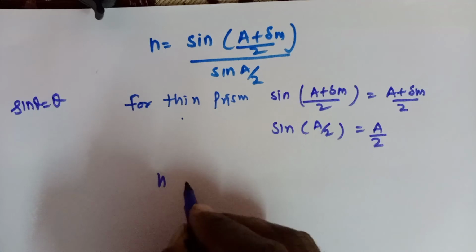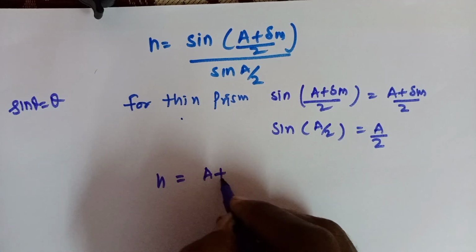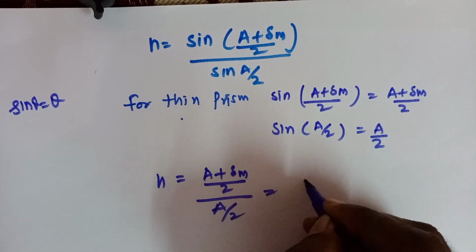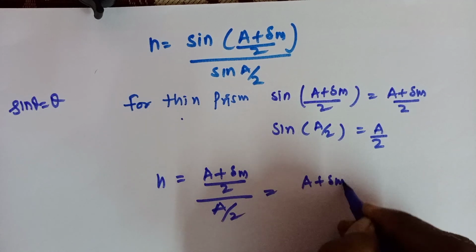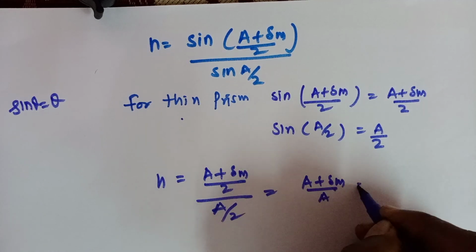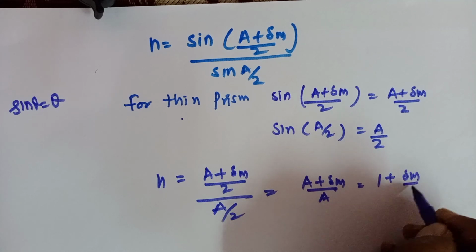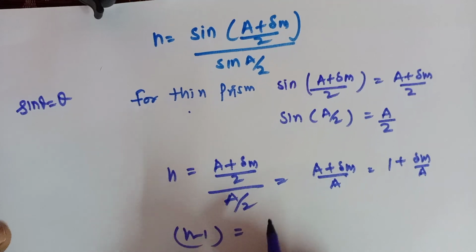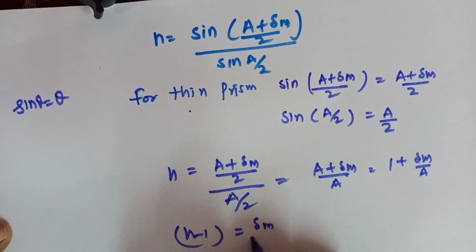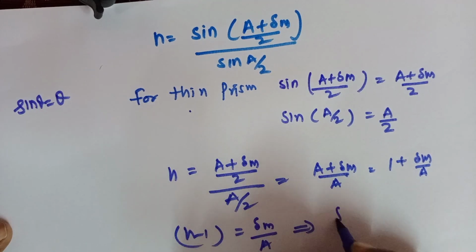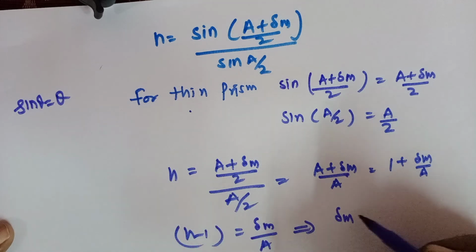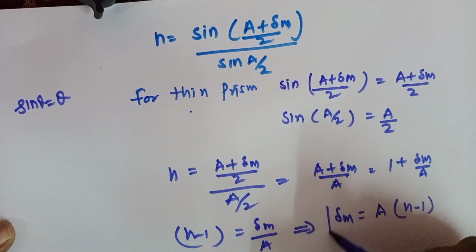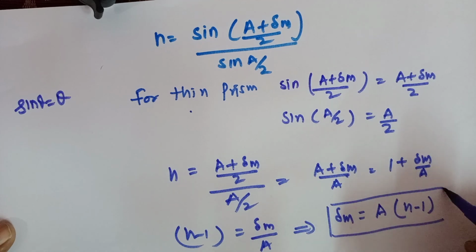Hence N equals A plus delta M by 2 upon A by 2, the 2 cancels, so N equals A plus delta M by A, which is 1 plus delta M by A, or N minus 1 equals delta M by A. This implies delta M equals A times N minus 1. This is the formula for the thin prism.